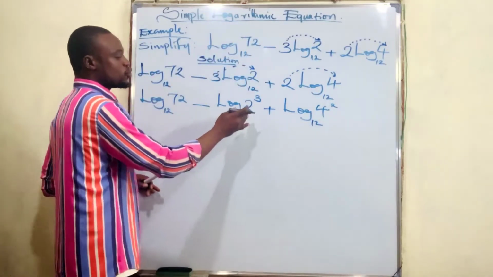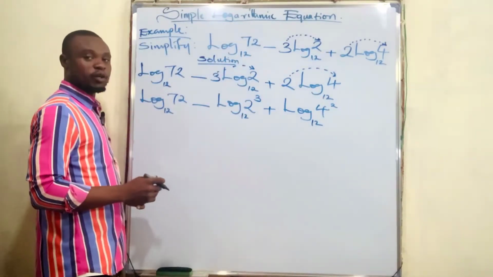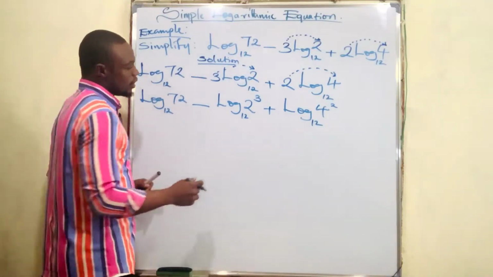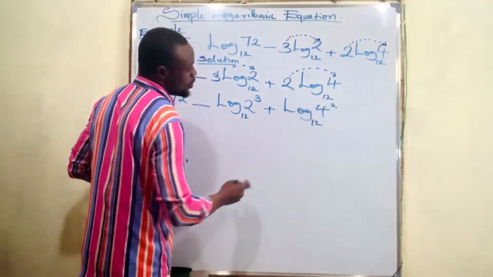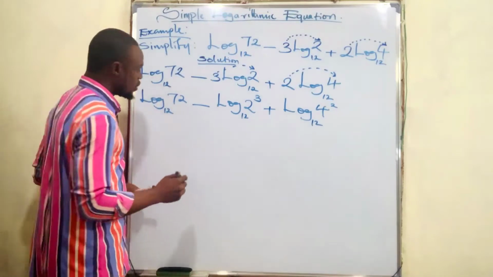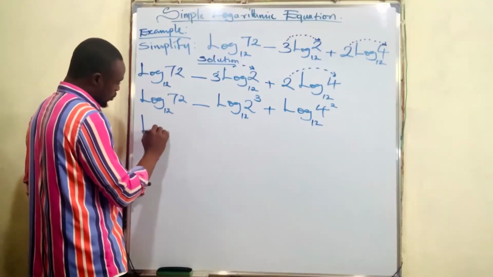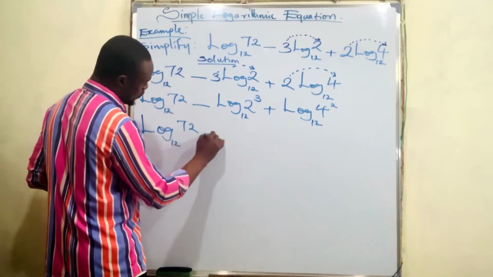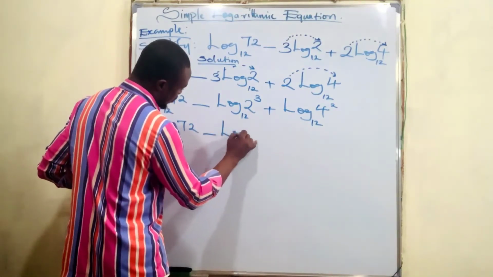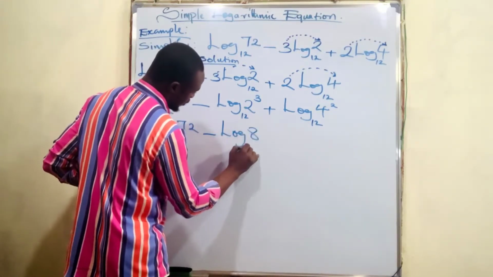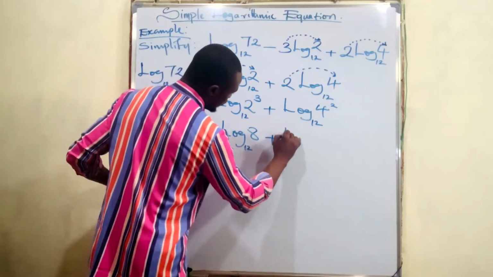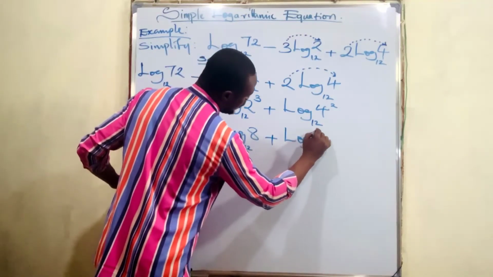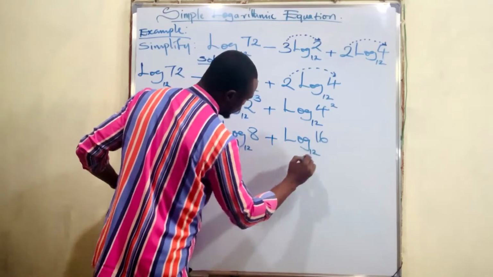Now 2 to the power of 3 is 8, and 4 to the power of 2 is 16. So we now have log 72 base 12 minus the log of 8 base 12 plus the log of 16 base 12.